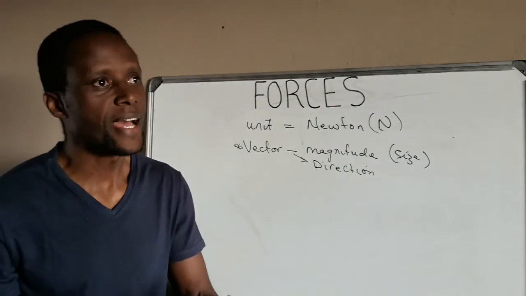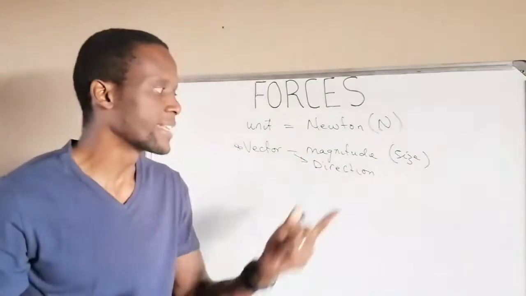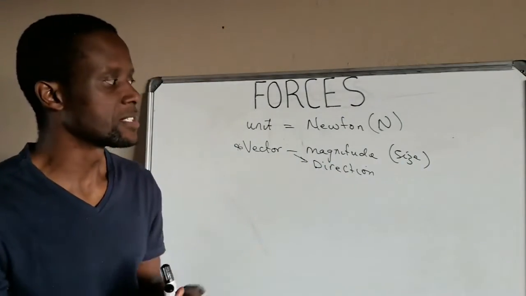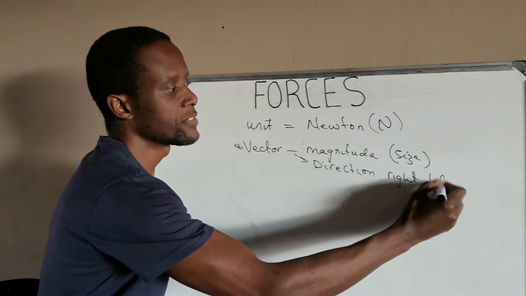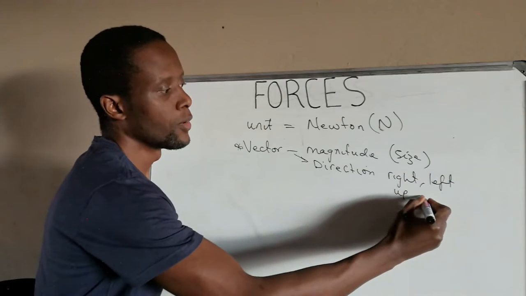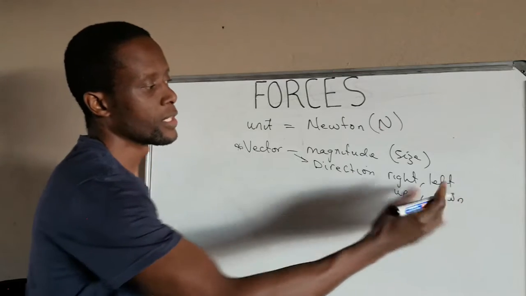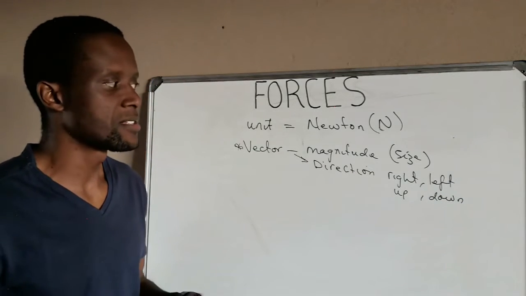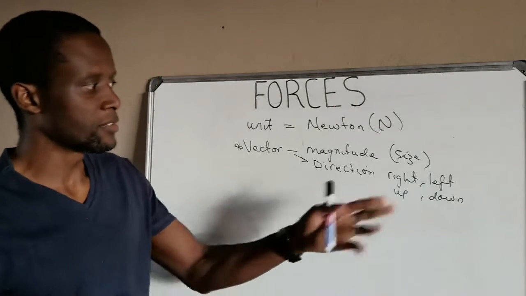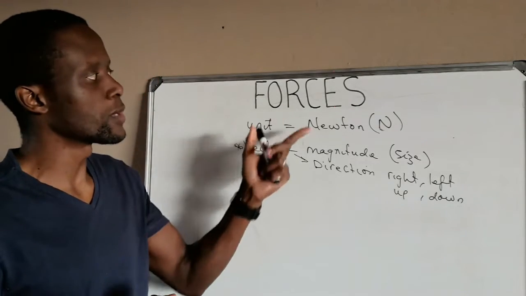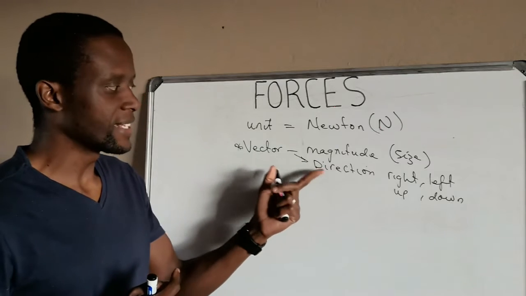Magnitude is basically the size, how big the force is, and direction is which way it is going. Either it's going to the right or to the left, or going up or going down. Or you can also use the compass directions: east, west, north or south. But a force should always have a direction to it.